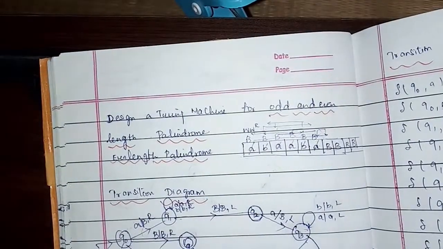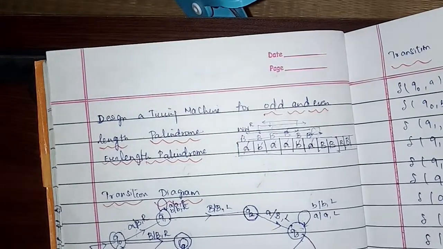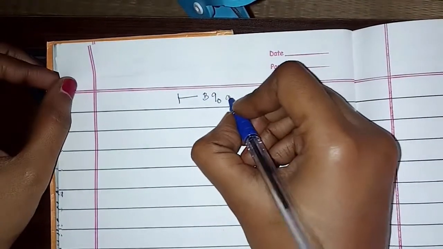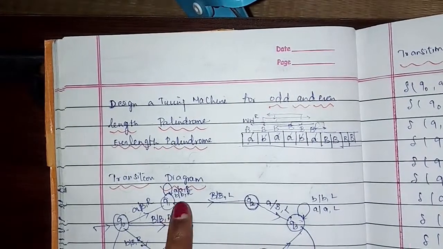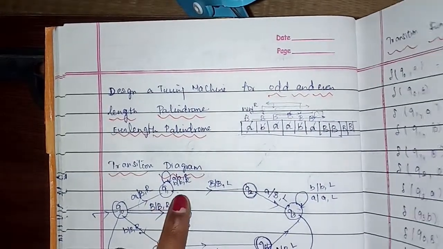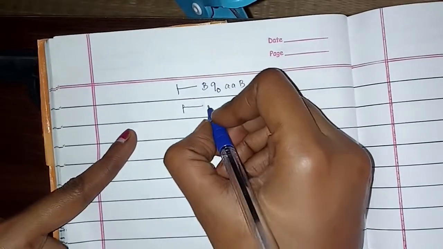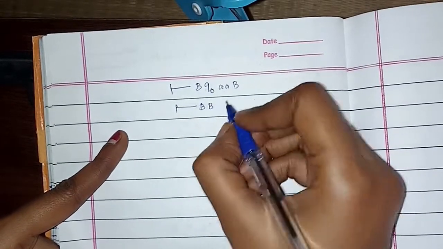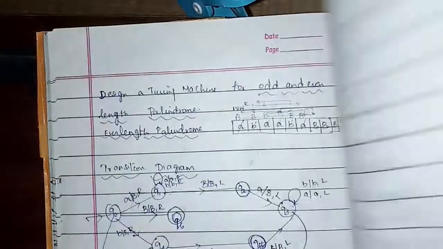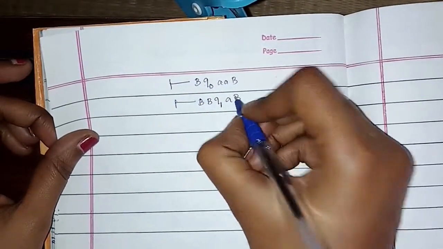So B, Q0, we have this A. Now Q0 A. So Q0 A has to move to Q1, and this A will be changed as blank and right direction. So A is changed as B, right? And we'll have this Q1. Okay. And we'll have A, B.